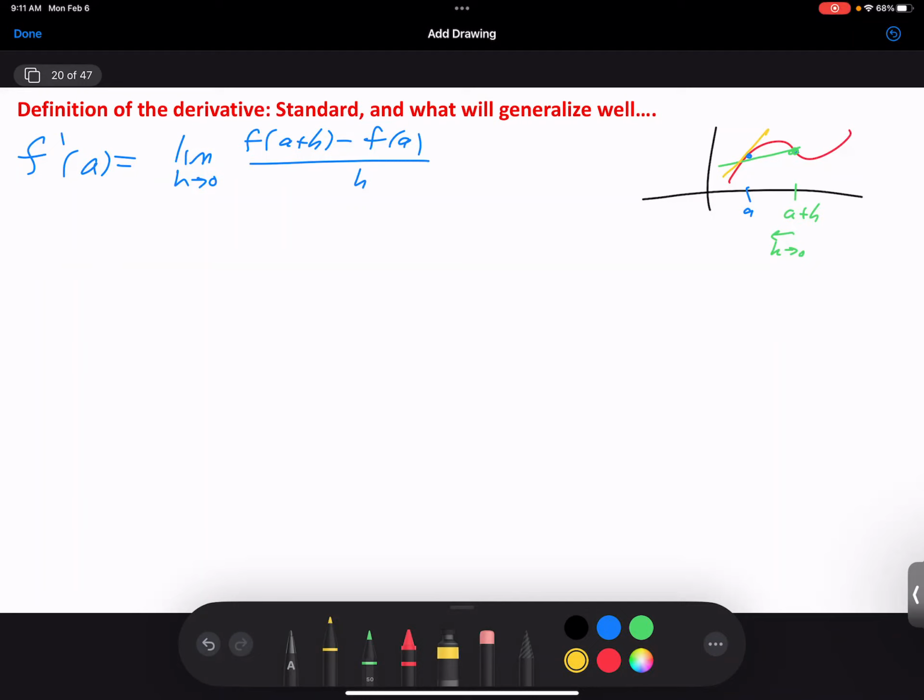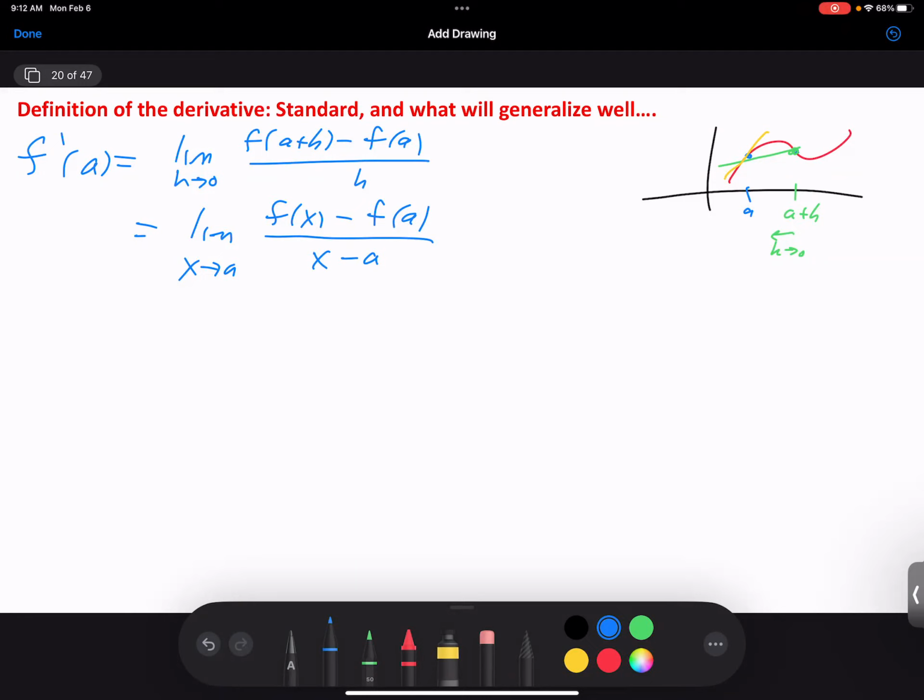I can, of course, rewrite this in a lot of different ways. One way of rewriting this is the limit as x goes to a of f of x minus f of a over x minus a. Why is that true? Why is that the same as the previous one?